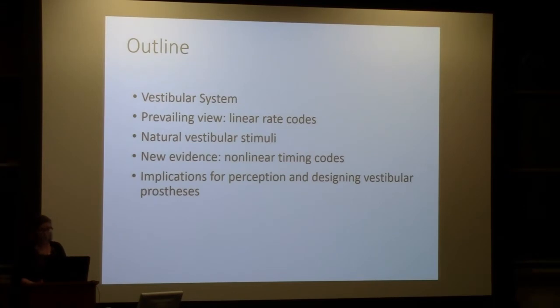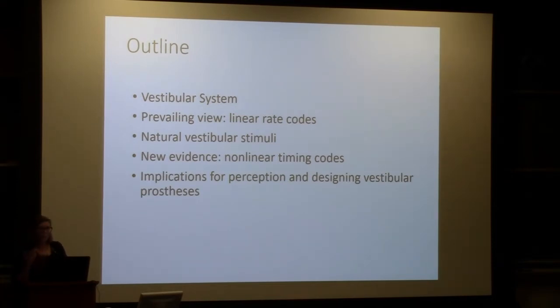Okay. So the vestibular system, the lecture that I'll give today is organized as follows. I'm just going to talk about the pathways and the basic function of the system. I'll then talk about linear systems approaches that have been used to analyze information transmission in this system. I'll then talk about recent experiments that have been done to look at the encoding of natural vestibular stimuli, and what are they?